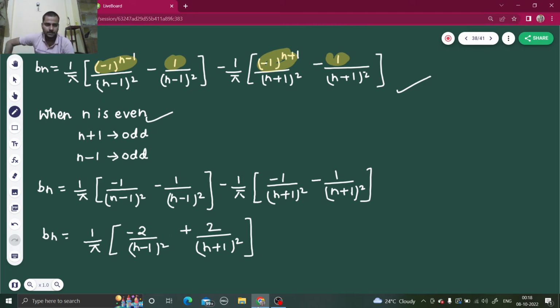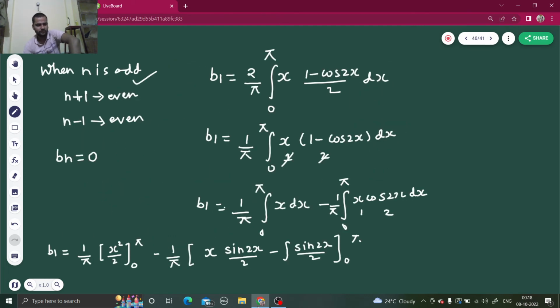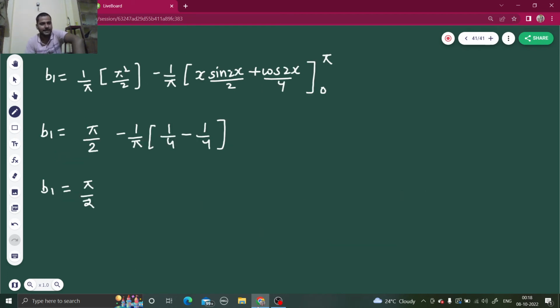So b1 we will find separately, then we'll use these two cases. This is case 1 when n is even, and this one was case 2 when n was odd, except for n equals to 1, because at n equals to 1 the denominator was anyway becoming 0, so it was going not defined. So we find that case separately.